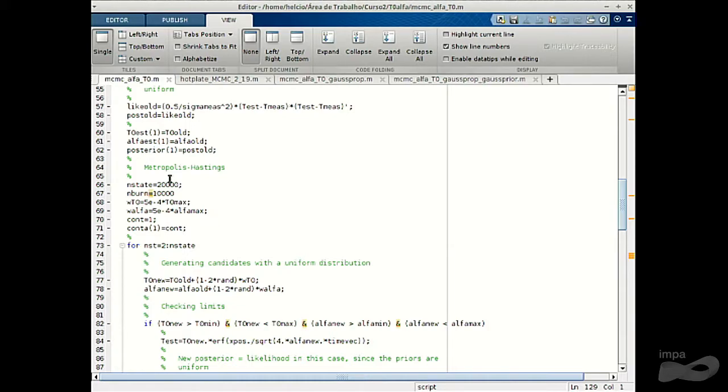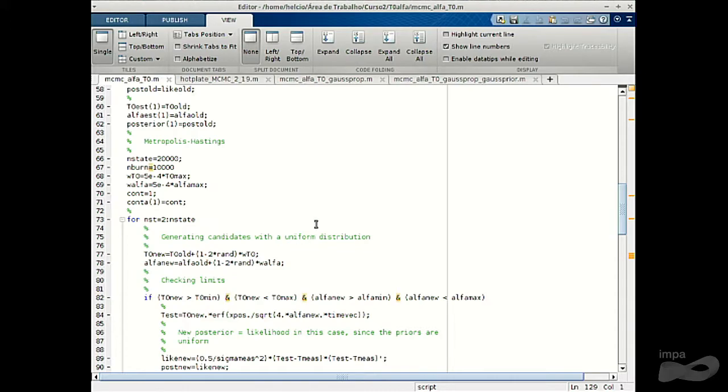Okay, so we have a loop to generate 20,000 states. Okay. How do I generate these new candidates? I generate with a uniform distribution. Okay. So rand is how MATLAB generates a uniform number between 0 and 1.